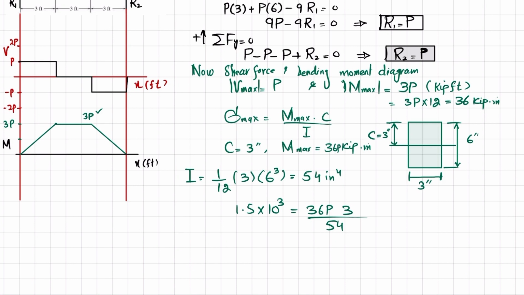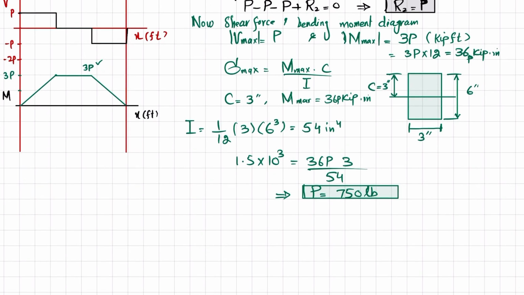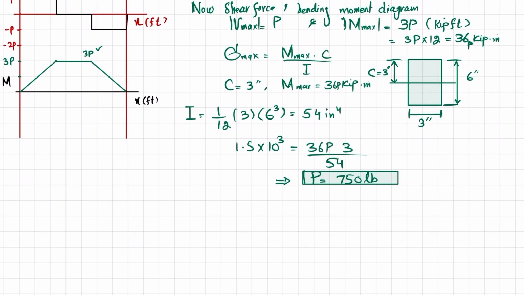So when you solve this, you will get P is equal to 750 pound. Clear?